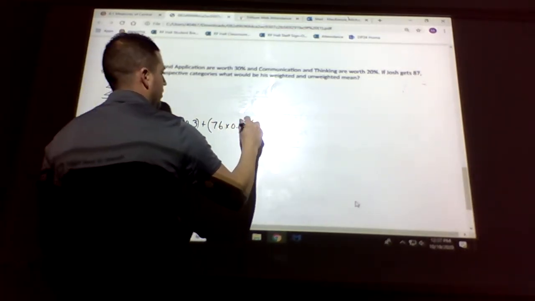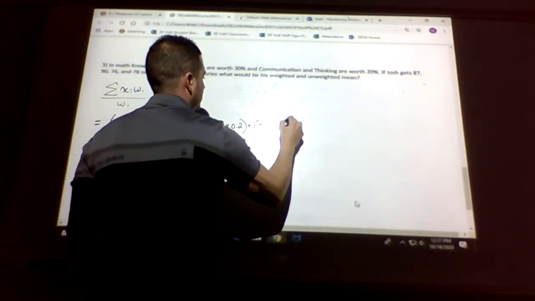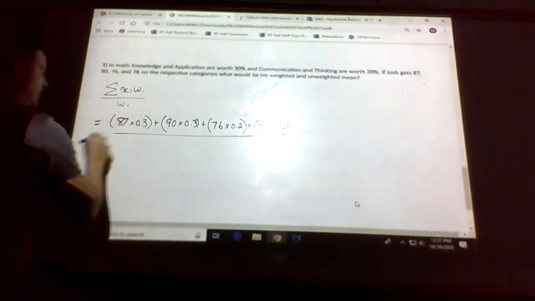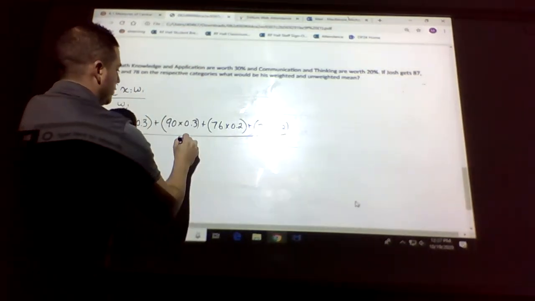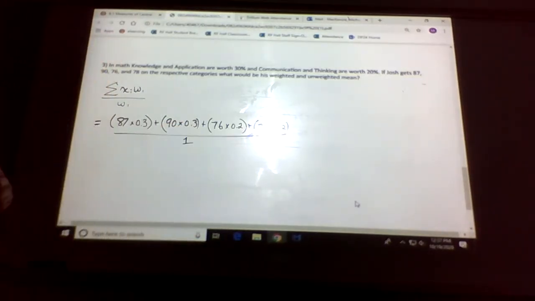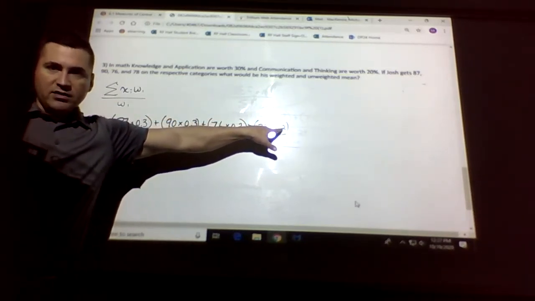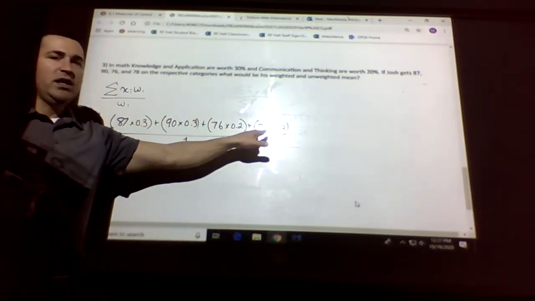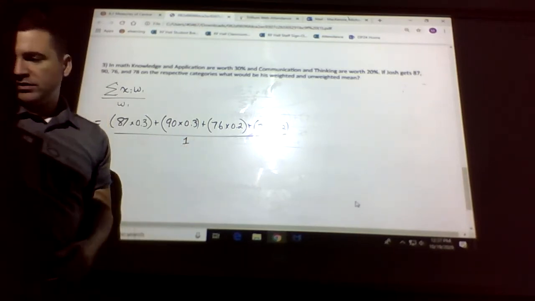And lastly, plus the 78 times 0.2, which represents the thinking. Divided by the total weighting, which adds up to 1. So 0.3, 0.3, 0.2, 0.2. If you want to use 30, 30, 20, 20, you could, but then you would divide by 100 at the end.